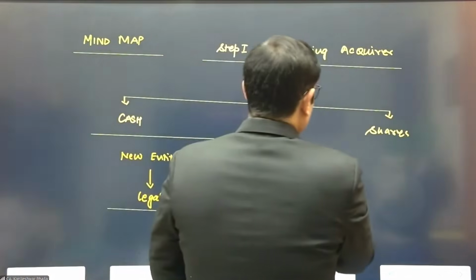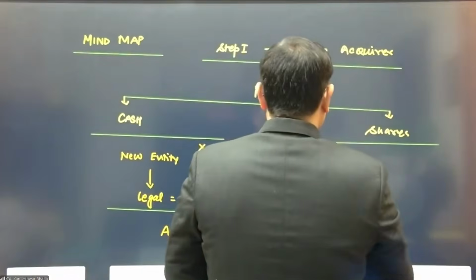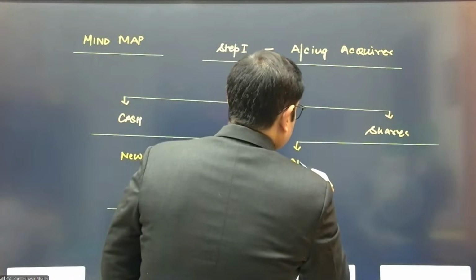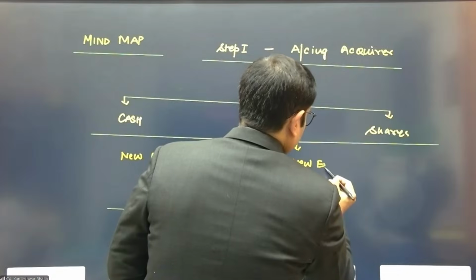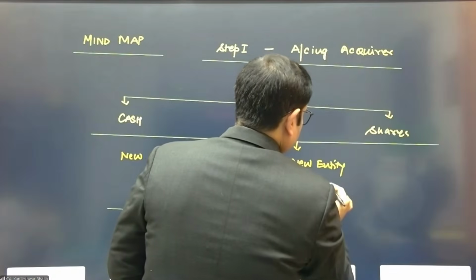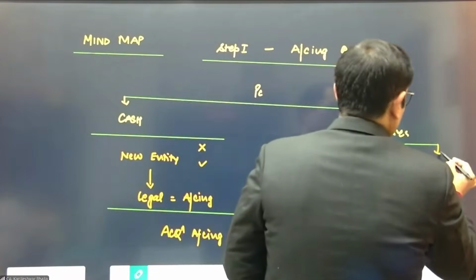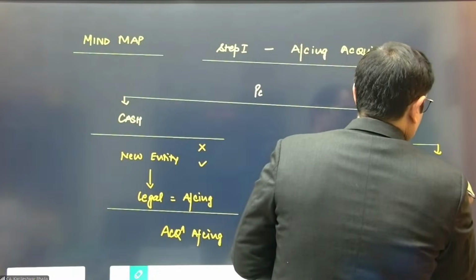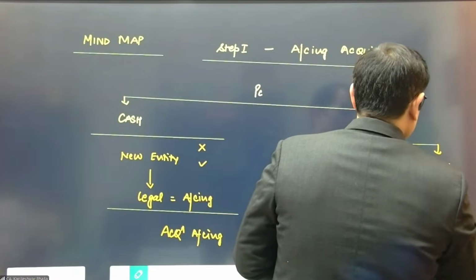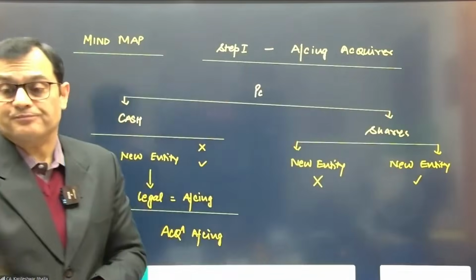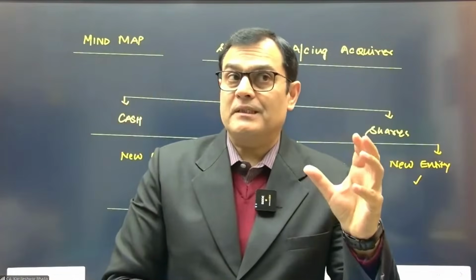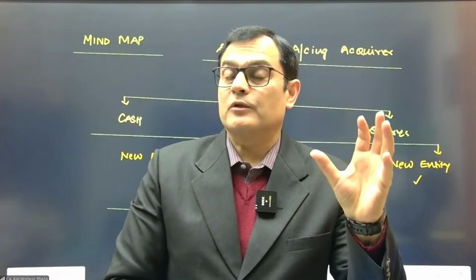But if you say that the consideration is in shares, then we are definitely concerned with whether the new entity is created or not. So the new entity is not created, or you can say the new entity is created. So that is how you're going to look at quick things in the question. In terms of step one, your focus should be: PC is in cash, no further questions.